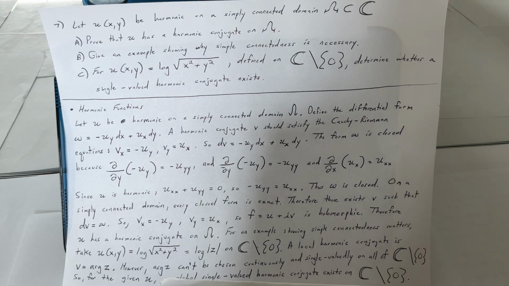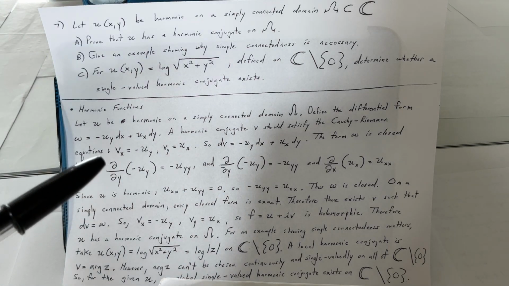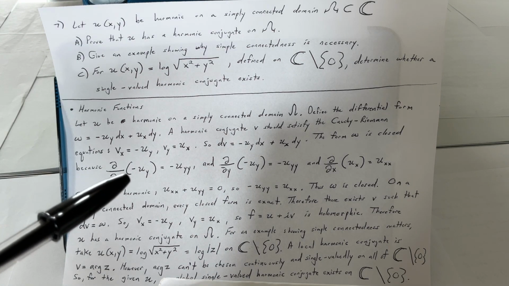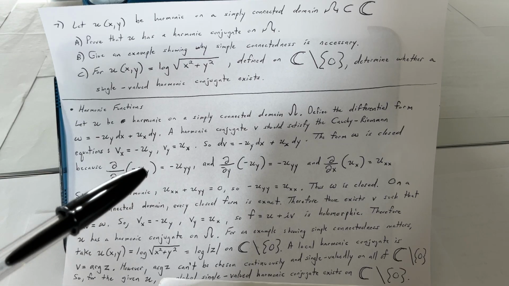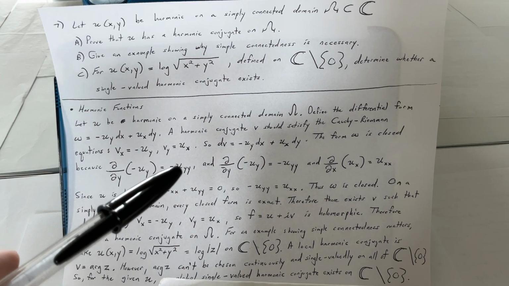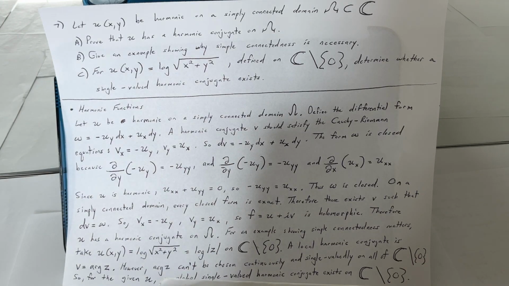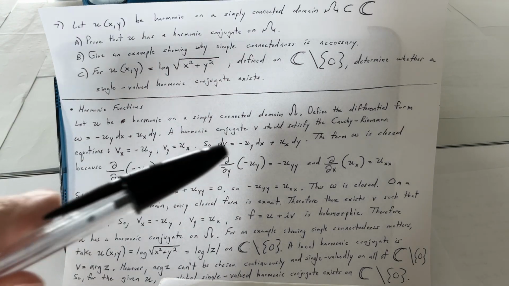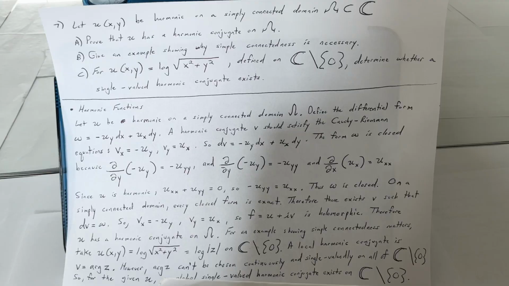And the form ω is closed because the partial with respect to y of negative u_y equals negative u_yy. Sorry, I wrote that twice.